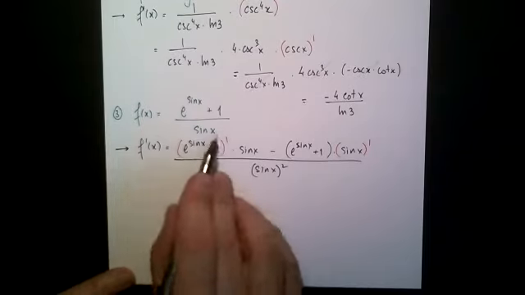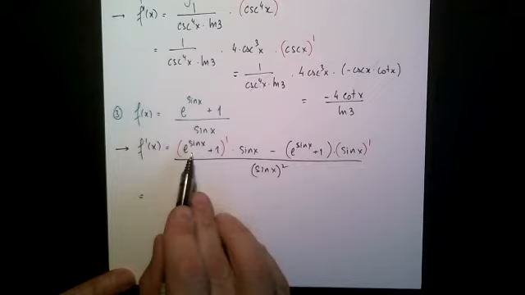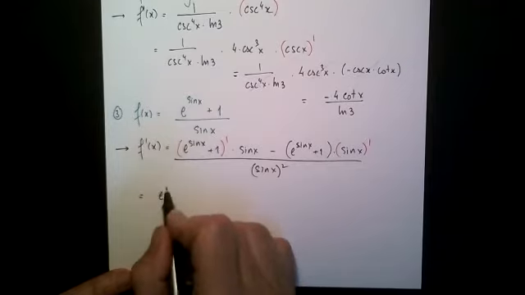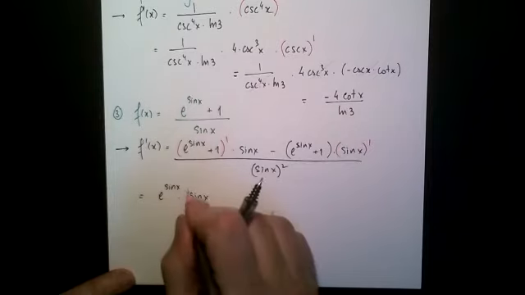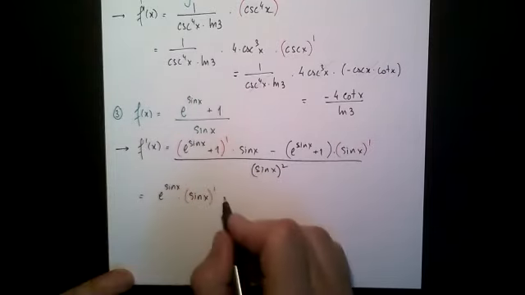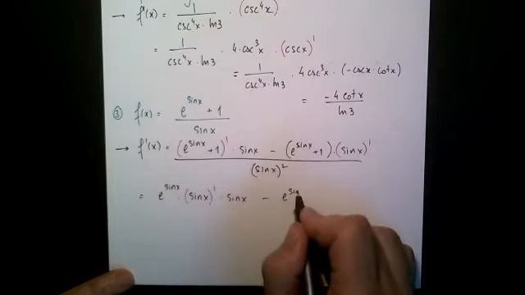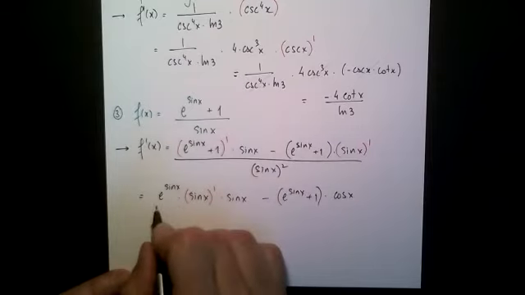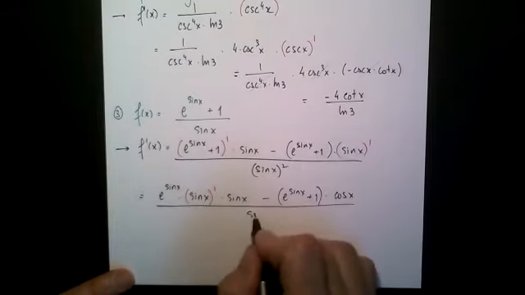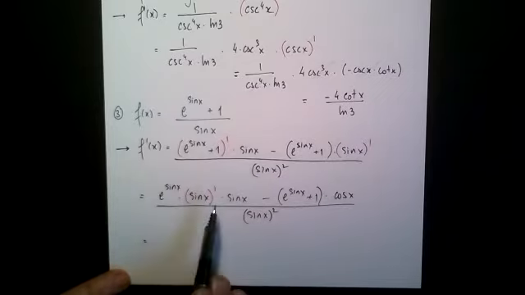Okay, and now I'm going to do the derivative of this. So derivative of e to the sine stays e to the sine times the derivative of sine. Okay, times sine x minus e to the sine x plus 1 times the derivative of sine x, which is cos x. All this over the sine squared of x. And that's it. I just have one derivative to evaluate and I'm done.